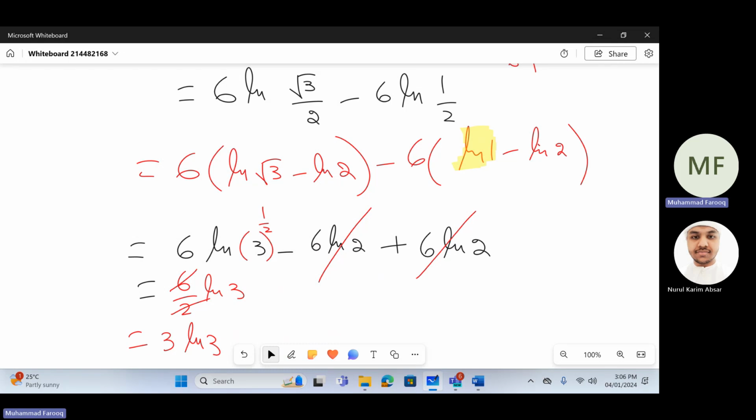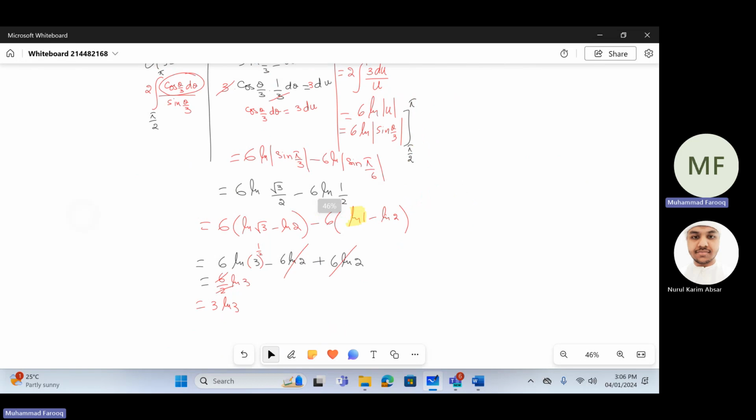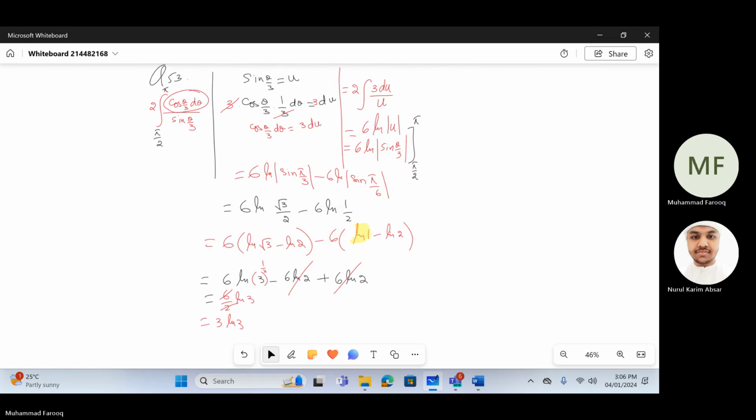I hope you get the concept of how we are going to calculate these values. We need the simplified form, please. Be careful, you have marks for that. Sometimes 0.5, 0.75, it depends.